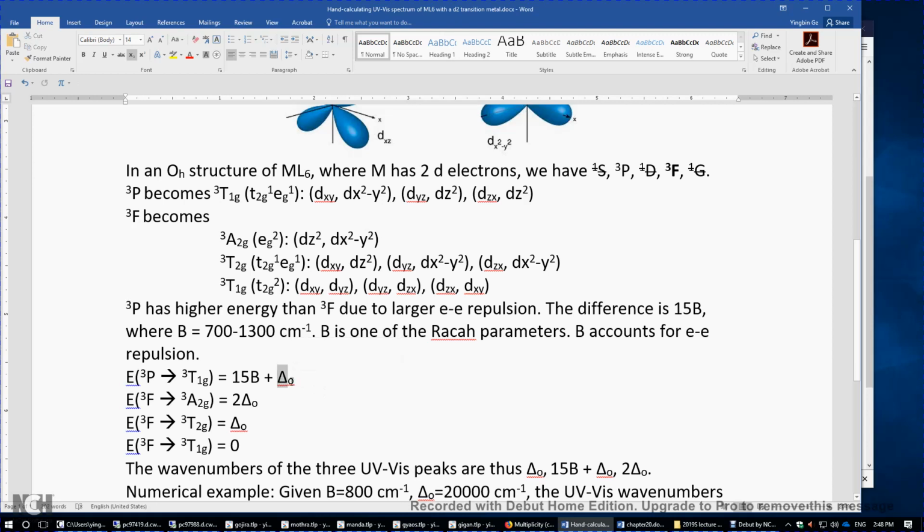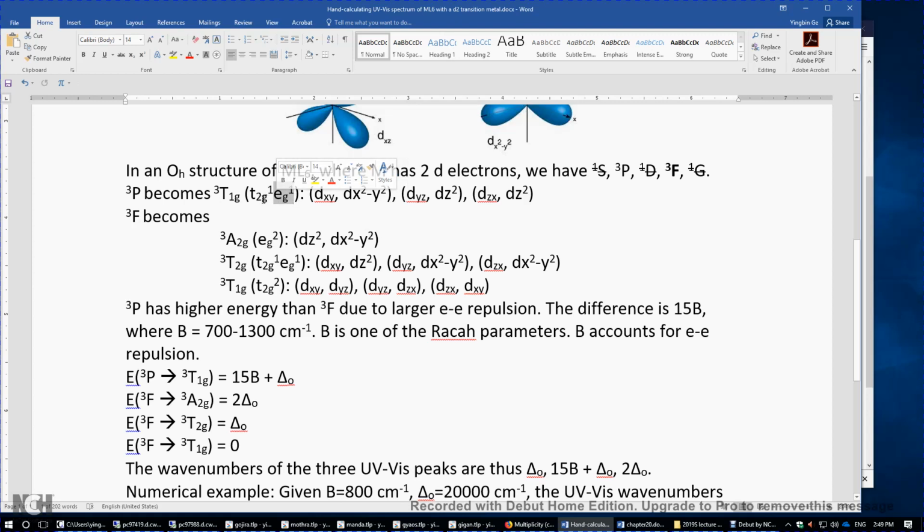Why 1 delta O? So if you look at this 3P, it becomes 3T1g. We have 1 electron in the t2g orbital and 1 electron in the eg orbital. We're just looking at the energy difference between this eg and the t2g.